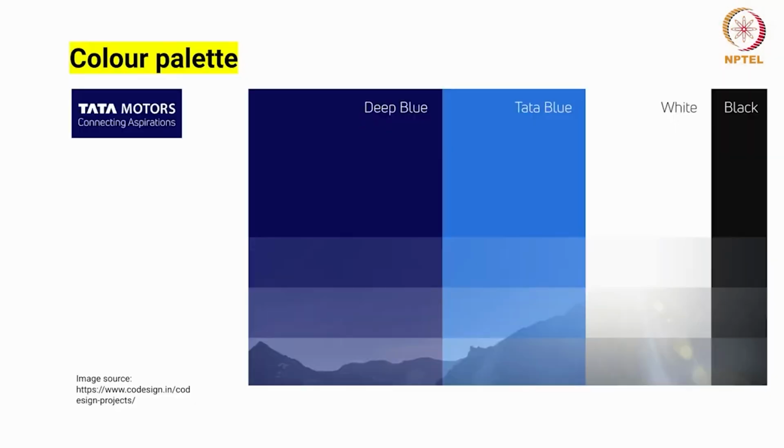Next comes the color, right? This is another element where colors play an important role, and as we have discussed previously, colors bring out emotion in an individual, and choosing a specific set of colors for a specific representation of a brand is very important. Blue is always associated with trust and confidence, and this is where they have purposely used the concept of color theory, and how it plays with our emotion, right?